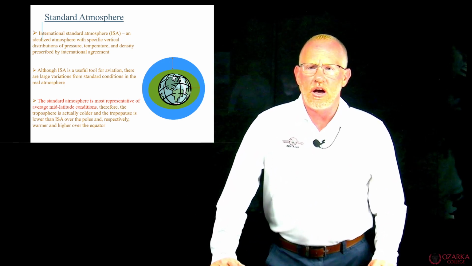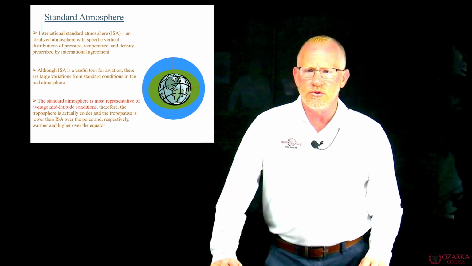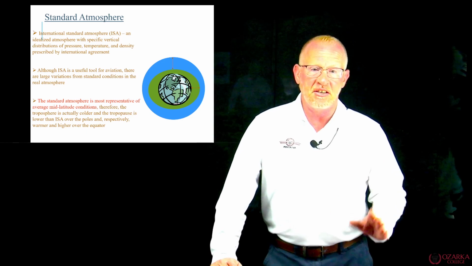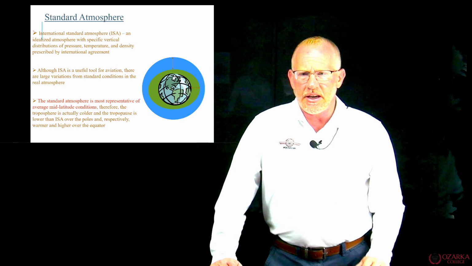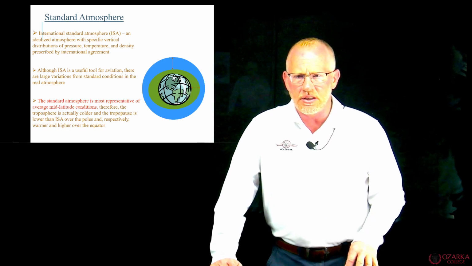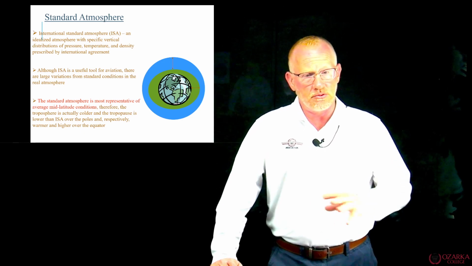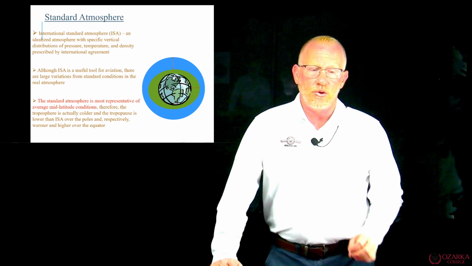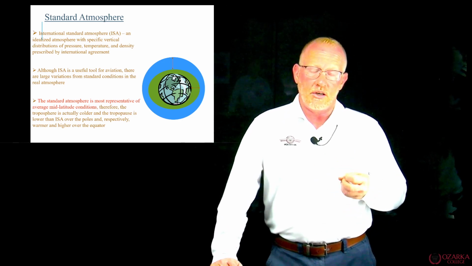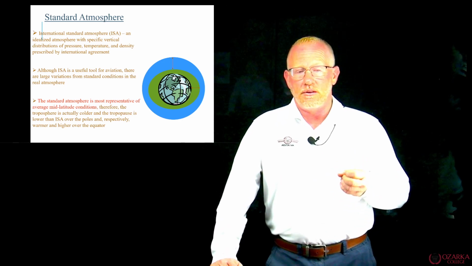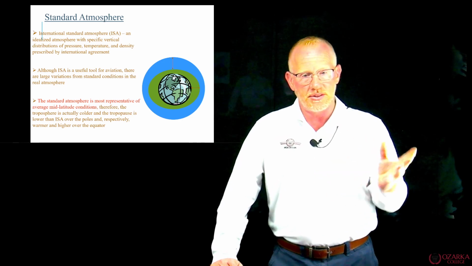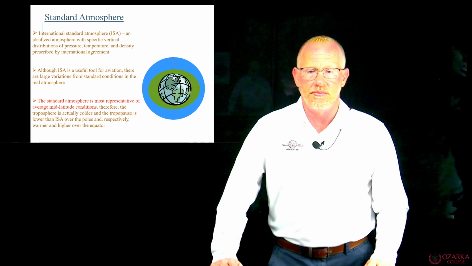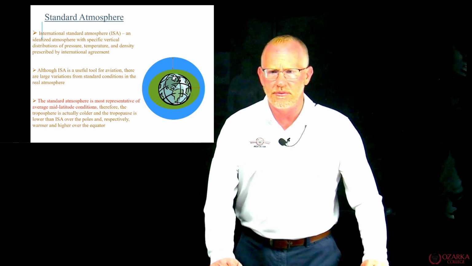Now, although ISA is a useful tool in aviation, it's not mandatory. There are large variations from standard conditions in the real atmosphere. That's what I was talking about just then. So the different countries of the world had to agree to something where they would be the same all over the place. And that's what ISA is.